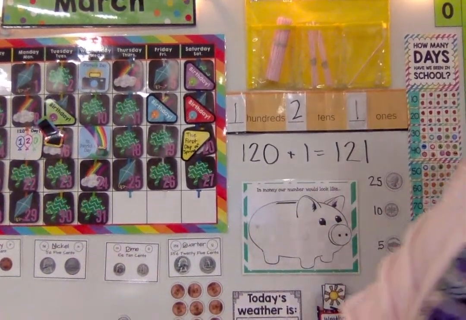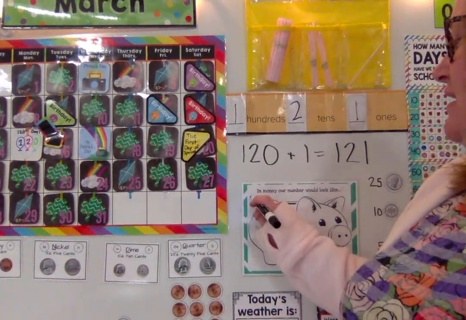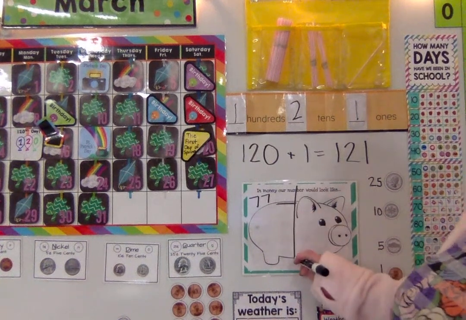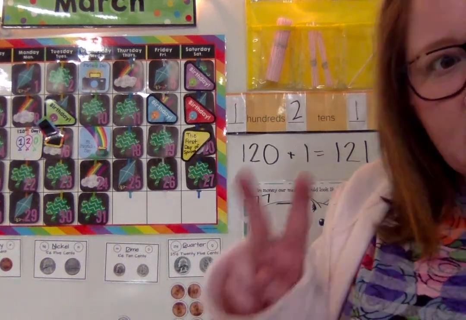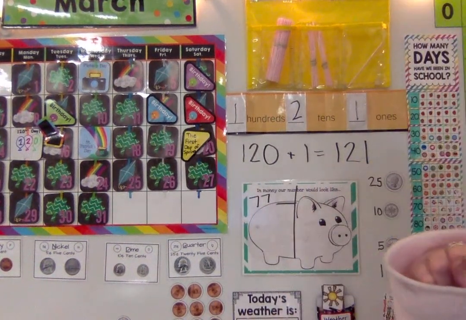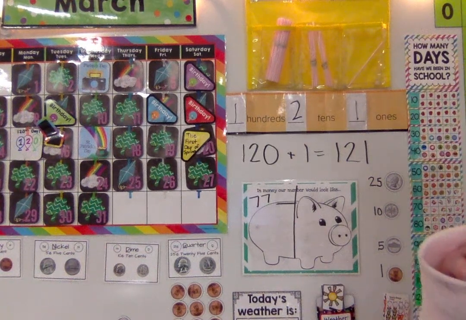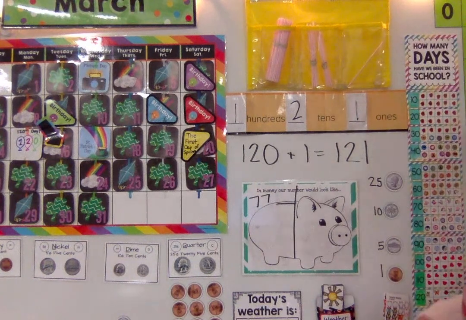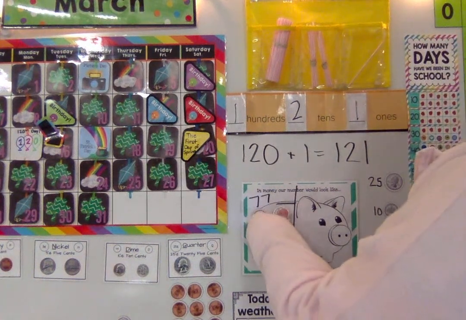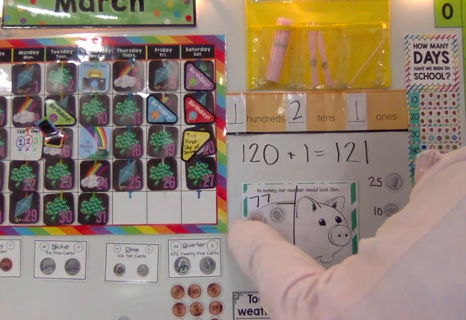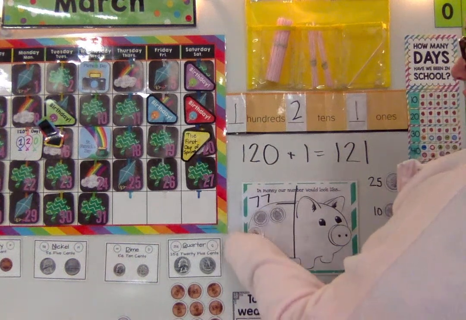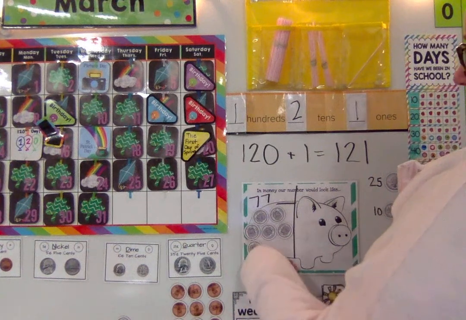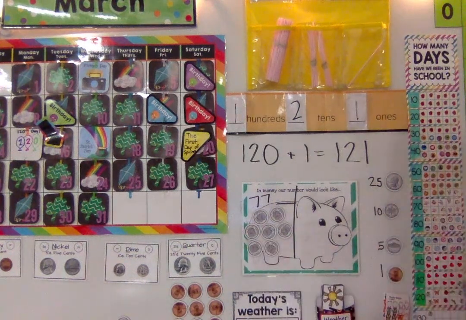Okay, our piggy bank would like to have 77 cents in his tummy to fill him up. Let's think of 2 ways we could show that. We could start with our dimes. 10, 20, 30, 40, 50, 60, 70.